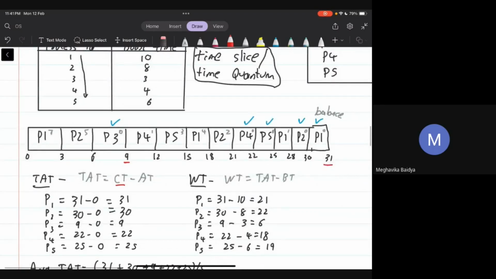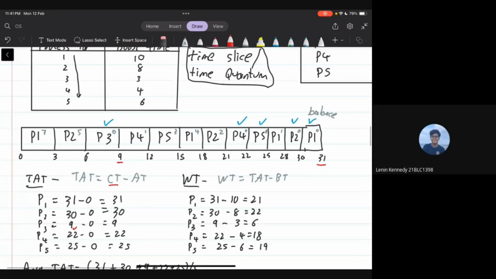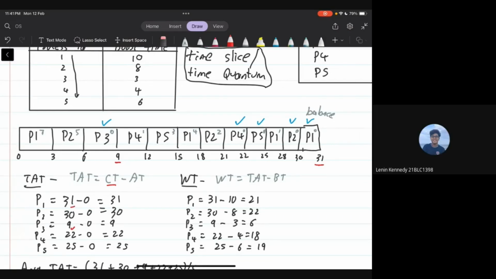For P3 it's 9, for P1 it's 31, for P2 it's 30, for P5 it's 25, and for P4 it's 22. So just take care of the completion time here, which is these numbers. And then the rest are the same calculations.